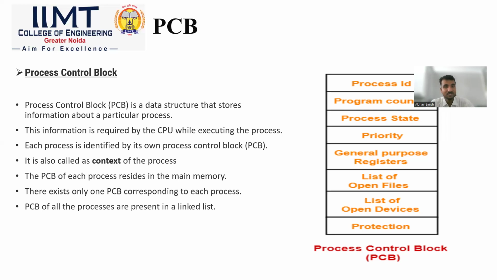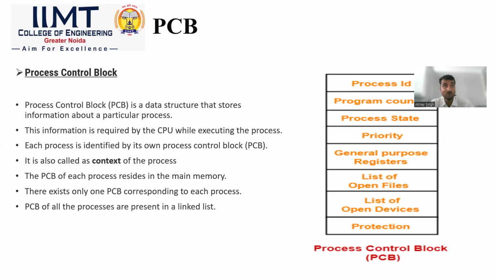Process control block is a data structure that stores the information about a particular process. We can say that process control block represents the individual process. This information is required by the CPU while executing the process.